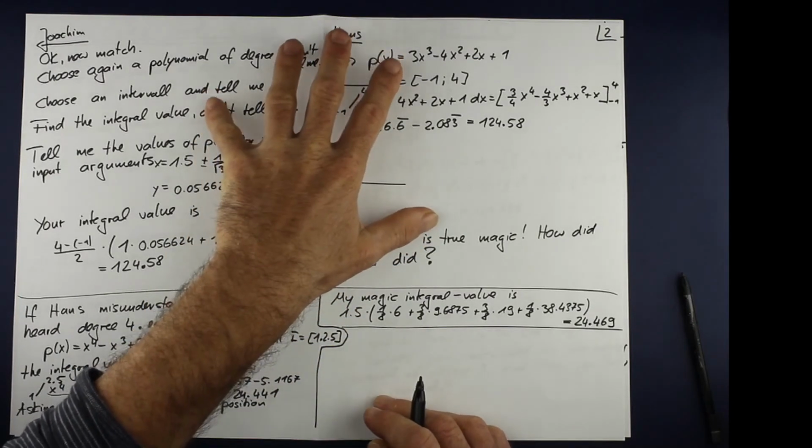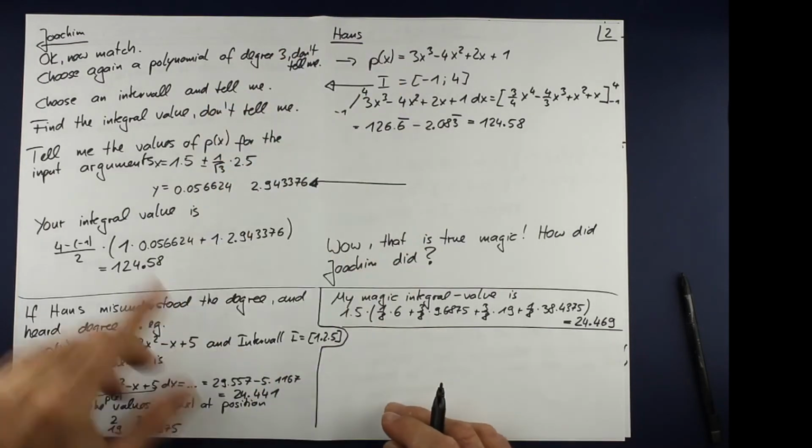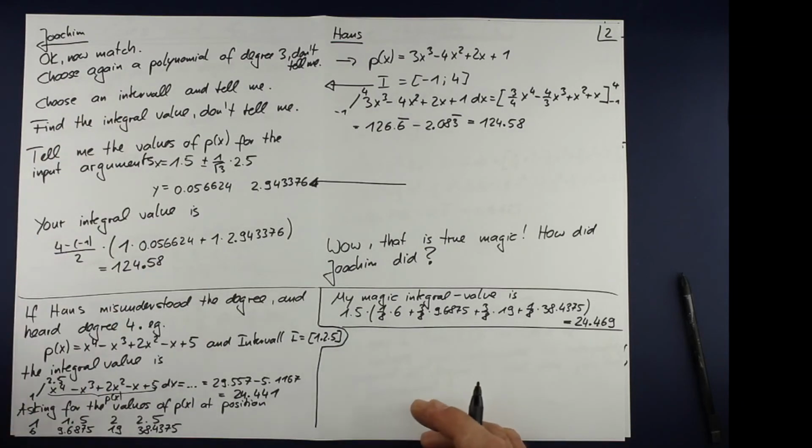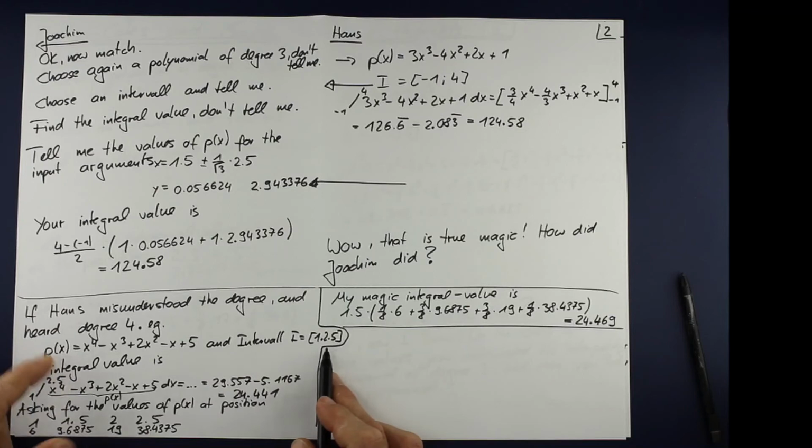Okay, maybe in that case Hans misunderstood that. Maybe in that case he says, okay, I am choosing that polynomial and that interval. What would happen in that case?